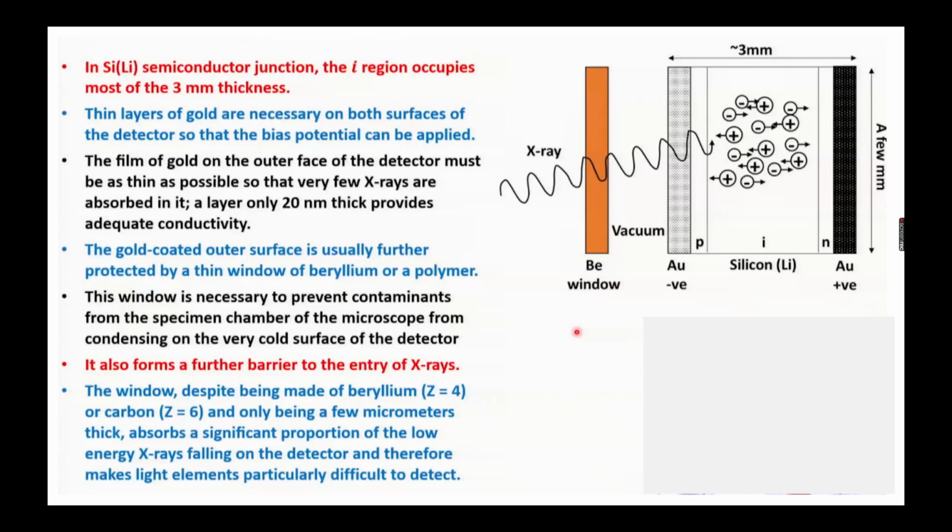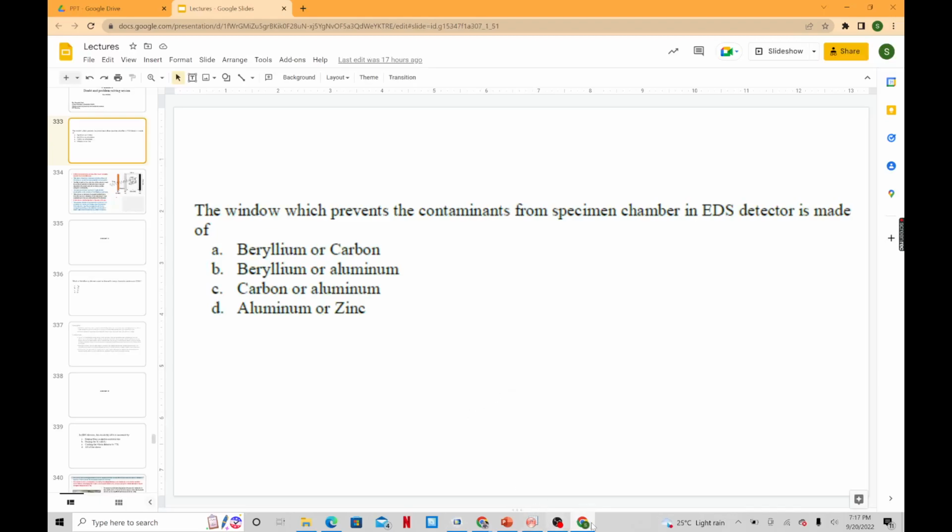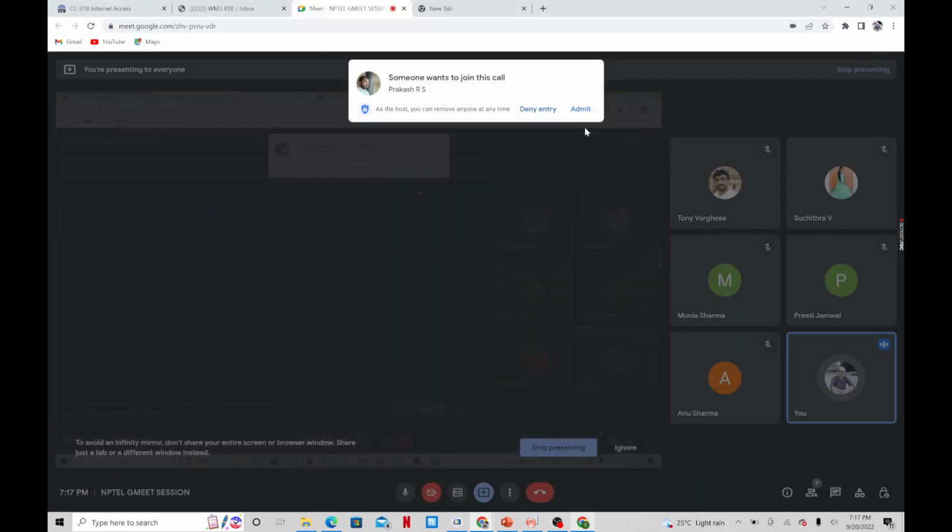You should remember that the thickness is in the range of micrometers. Because it has a few micrometers, it will absorb a significant proportion of the X-rays, and therefore makes light elements particularly difficult to detect. So this is the reason. Here you can see the window which prevents contaminants from the specimen chamber in the EDS detector will be beryllium or carbon.